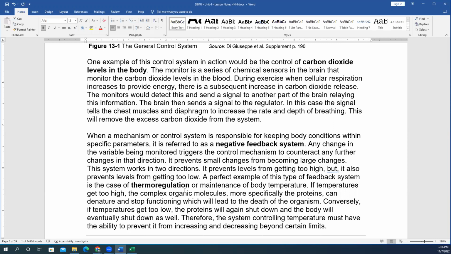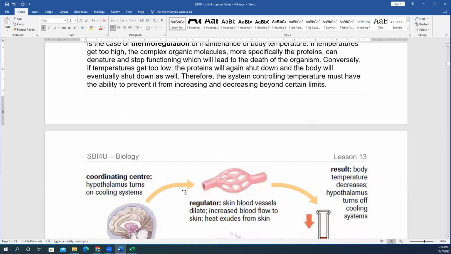And thermal regulation is a perfect example that we can talk about. In thermal regulation, the body has systems in place to maintain our body temperatures at that optimal 37 degrees level. And if the temperature gets too high, then you have complex organic molecules and proteins that can denature, as we talked about previously in our unit.